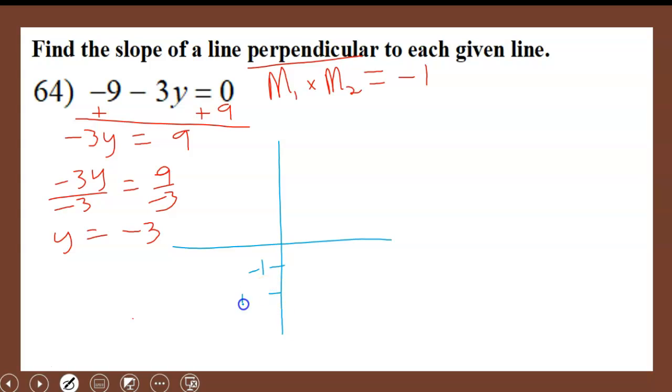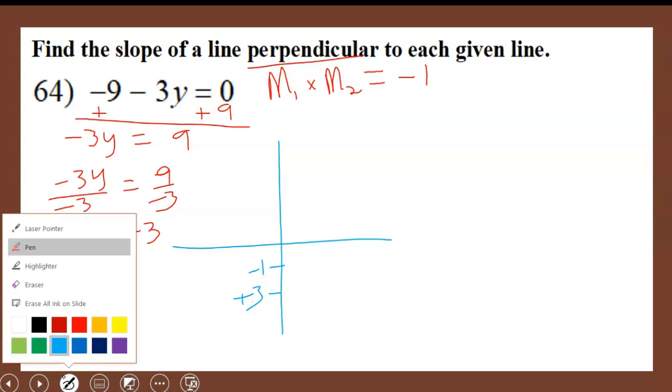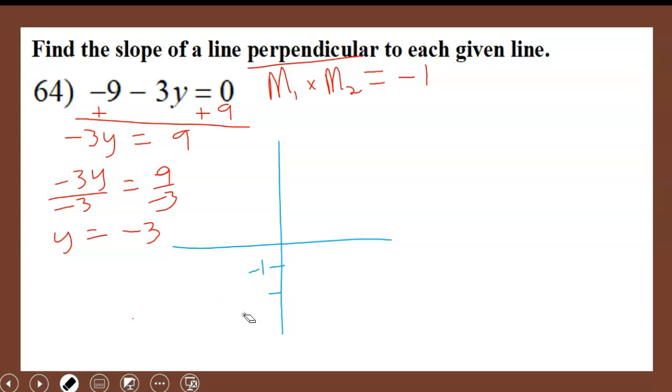So negative 1, negative 2, negative 3, negative 4. So this is a line that passes through negative 3, when y equals negative 3, like that.